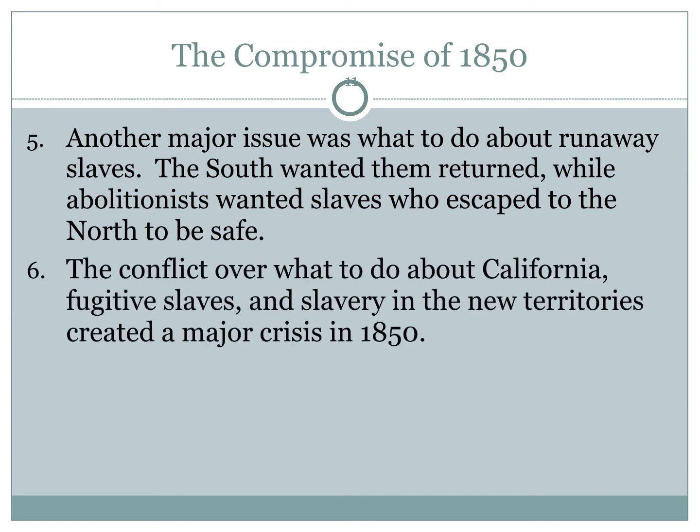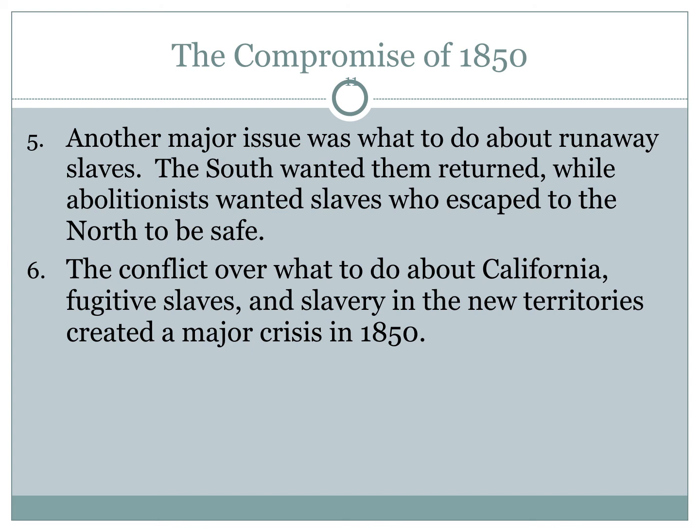You've got the conflict over what to do about California. Should it be let into the Union? If so, is it going to be slave? Is it going to be free? What about fugitive slaves? Should we require them to be returned, or should we let them stay free if they escape? What about the rest of the territories? Should they be open to slavery, or should they be closed?